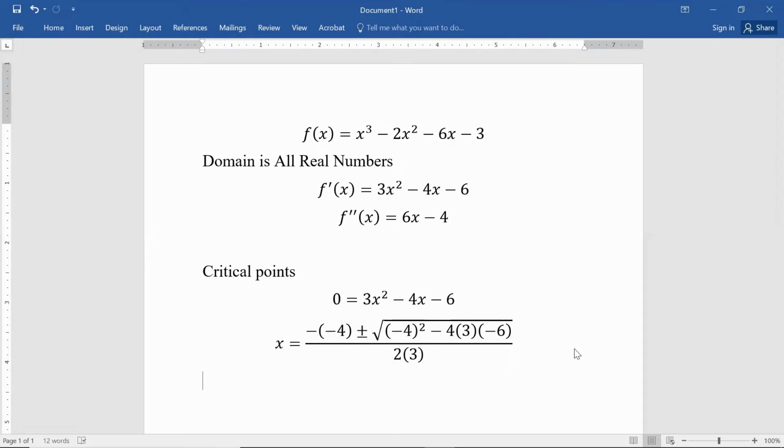So really, these two critical values: one is 4 plus the square root of 88 divided by 6. The other is 4 minus the square root of 88 divided by 6.